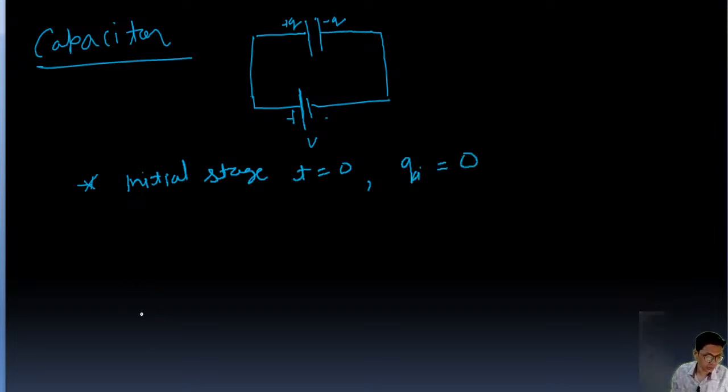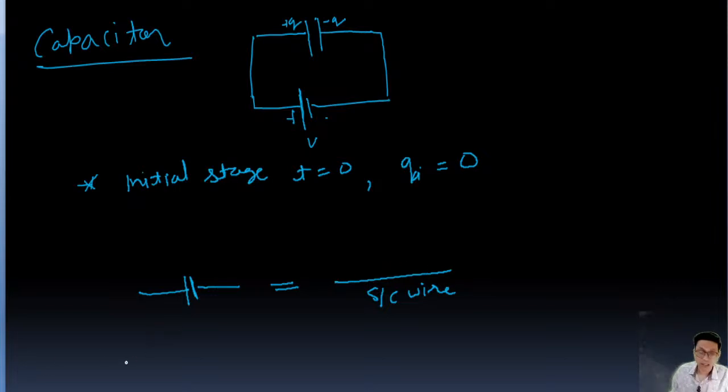So in that case the capacitor will work as a short circuited wire, because Qi is 0.